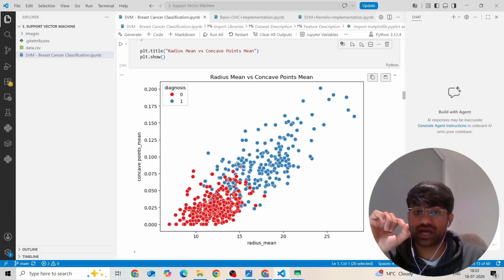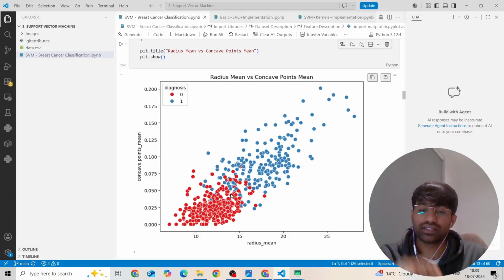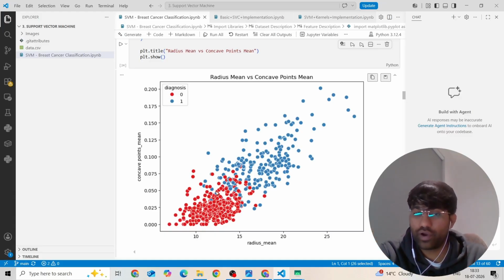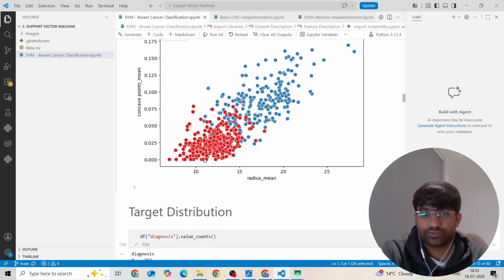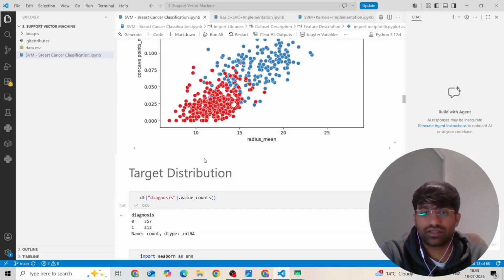It is a soft margin hyperplane because we have overlapping data points, and this looks linearly separable when we consider two features, radius mean and concave points mean. So let's build the SVM model.